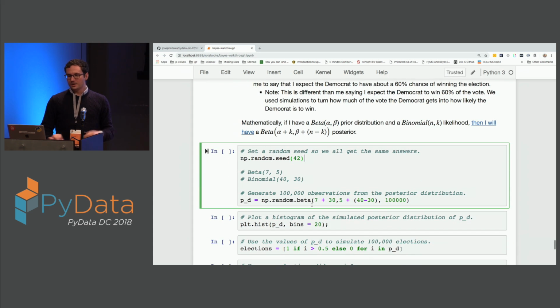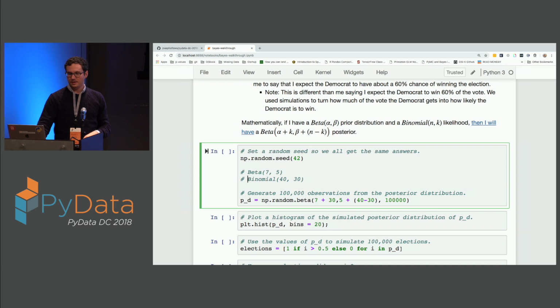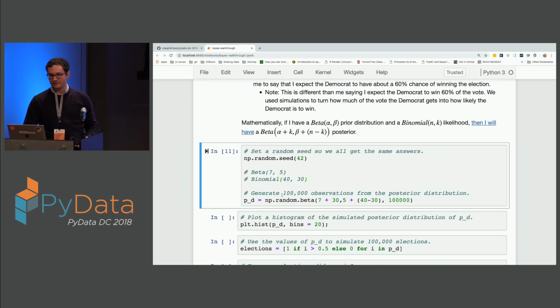So we can run this here in a quick example. If I have a beta 7.5, that's where I think the Democrat is going to win, but I'm not certain, and I poll 40 people and 30 people say they're going to support the Democrat, I can generate 100,000 observations from the posterior distribution here. I'm calling that PD.